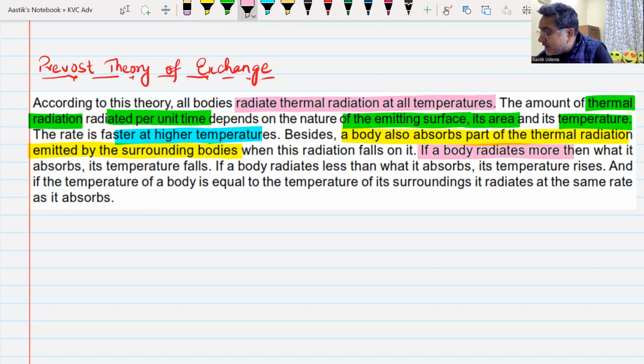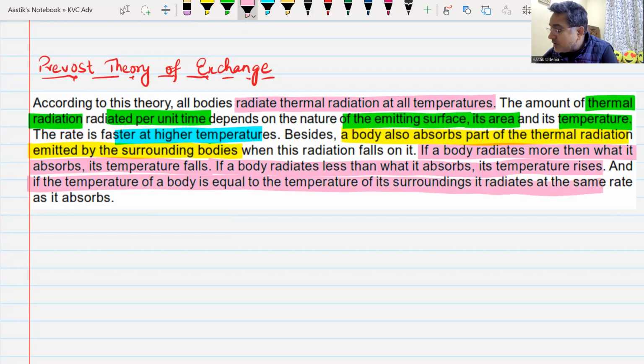If a body radiates more than it absorbs, its temperature falls. If a body radiates less than what is absorbed, its temperature rises. And if the temperature of the body is equal to the surroundings, that means it is absorbing and radiating at the same rate. This is known as the Prevost theory of exchange.